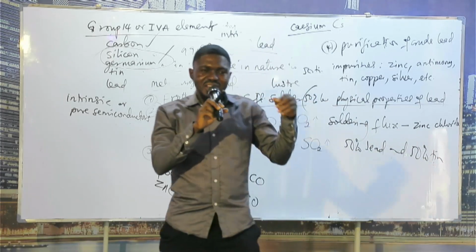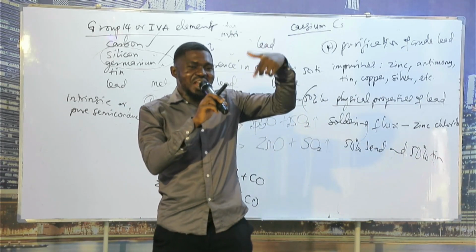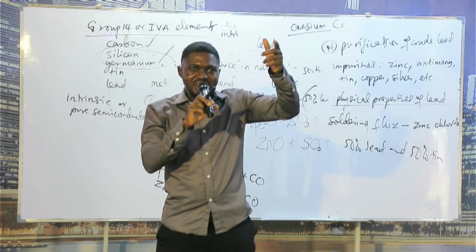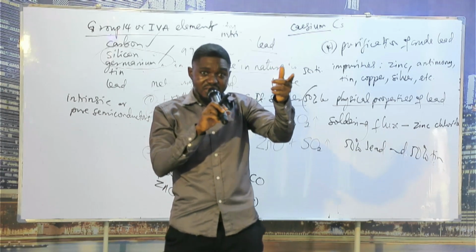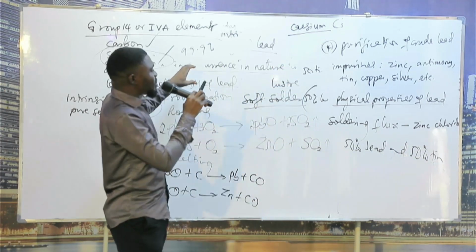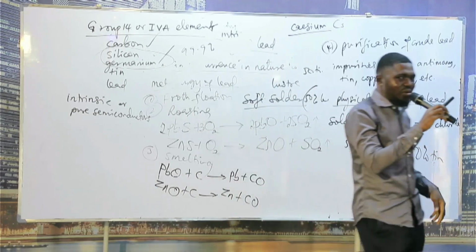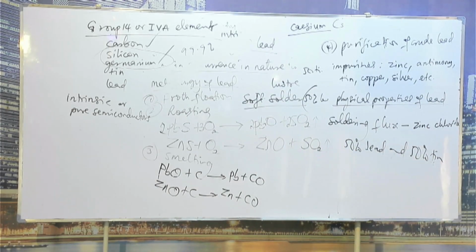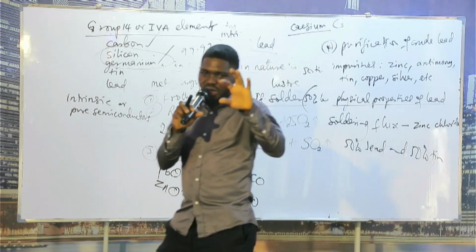Are you sure? The one that the current supplied by generator can melt, or do you need NEPA? Which one do you prefer? The one that any electricity can supply current to melt it, isn't it? So why do you think that lead and tin are used to make what? Soft solder. Why do you think? Give me one property you think that is possible. They have low melting point.